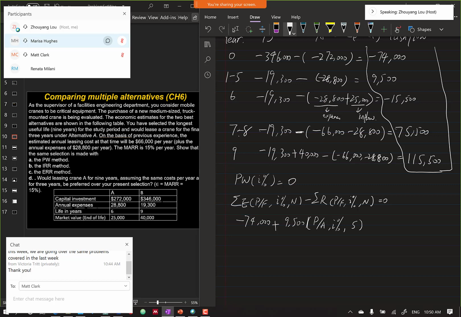Okay, and then move to year 6. That's nothing mysterious, just minus 15,500. Given the future value, we find the present worth, the unknown. That's year 6.